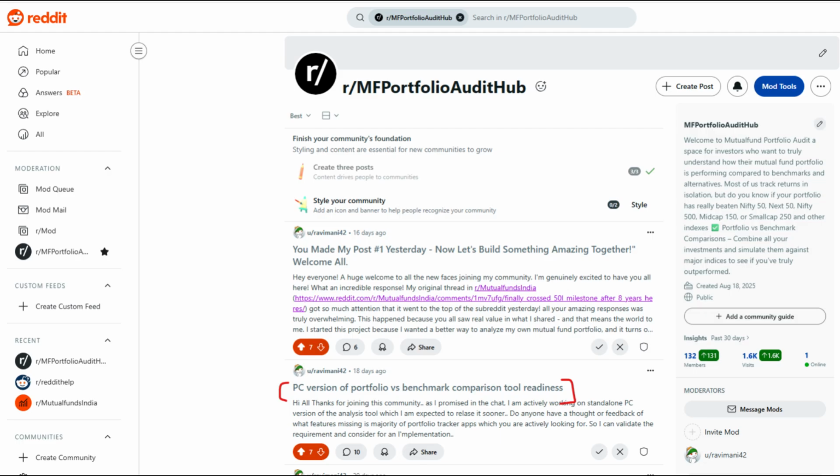So no finance information, I mean the mutual fund investment statement or analysis data, will go outside of your PC or laptop. Okay? So that is the core thing.